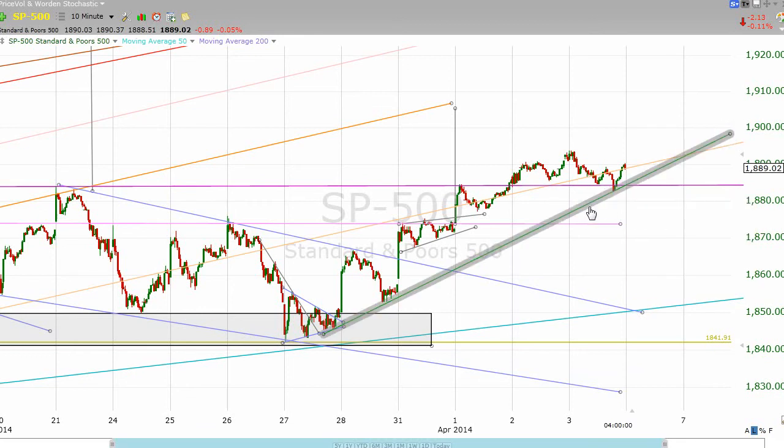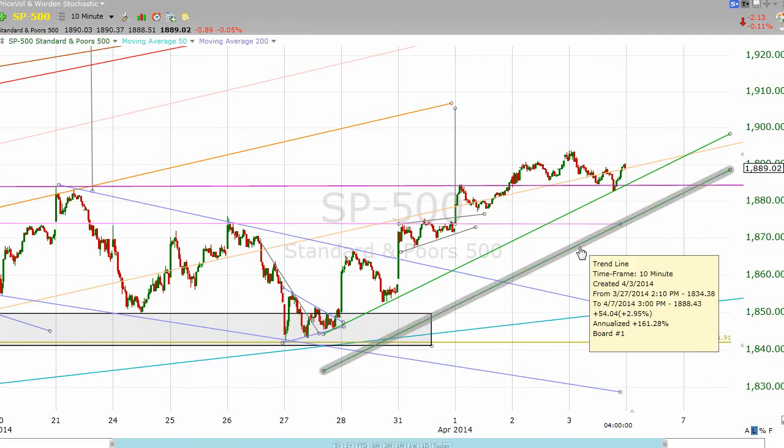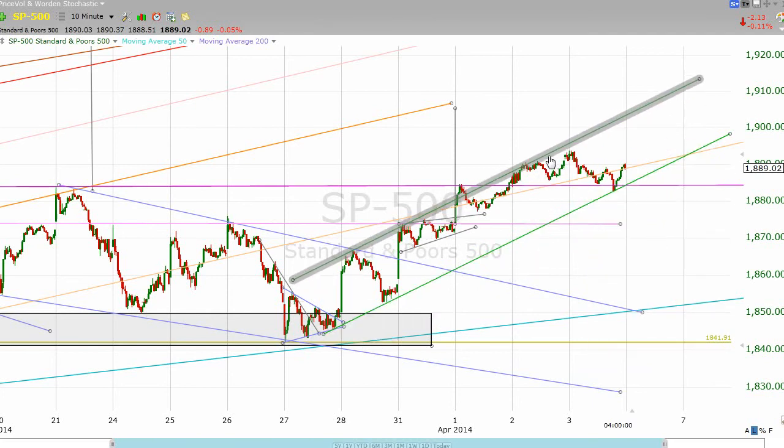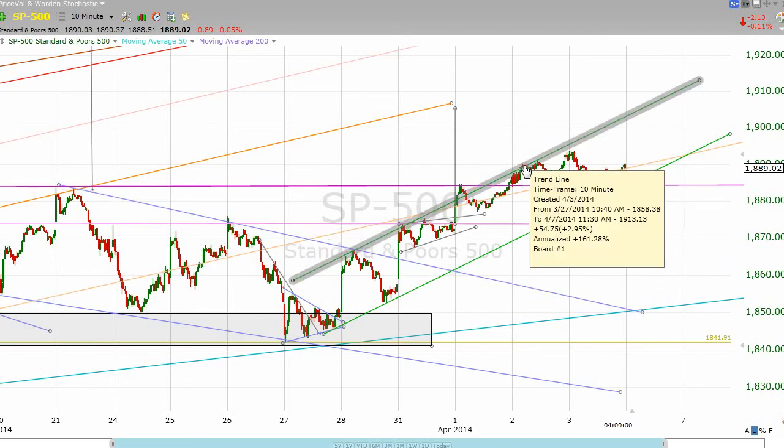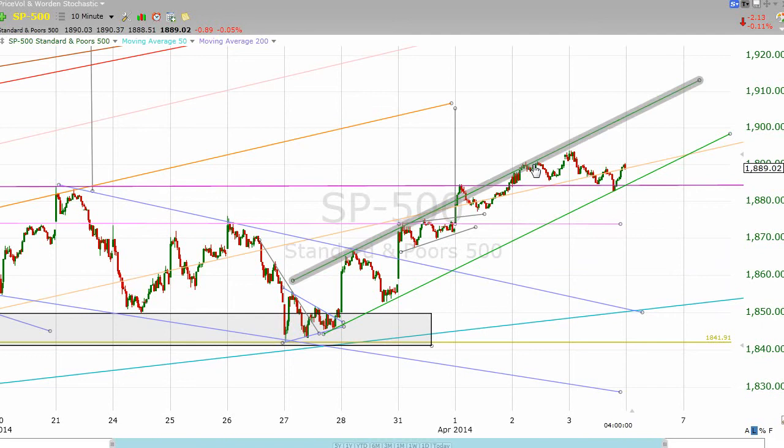Now let's snap a parallel line and see how that serves up here at the top. Well, you know something? We got 1, 2, 3 clear touches on this line, and then one little one that came over the top of it. So let's leave this here, and let's see if this continues to operate going forward.